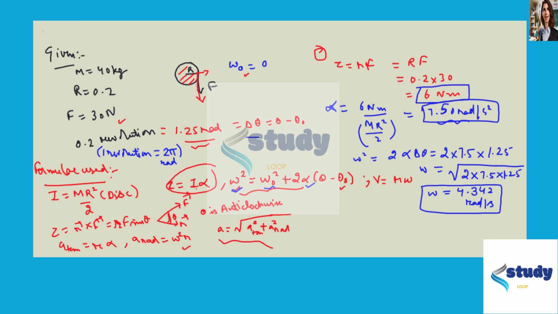Now we come to the formula for tangential velocity. Tangential velocity v is equal to r omega, which is 0.2 times 4.342 meter per second. This gives us 0.868 meter per second.